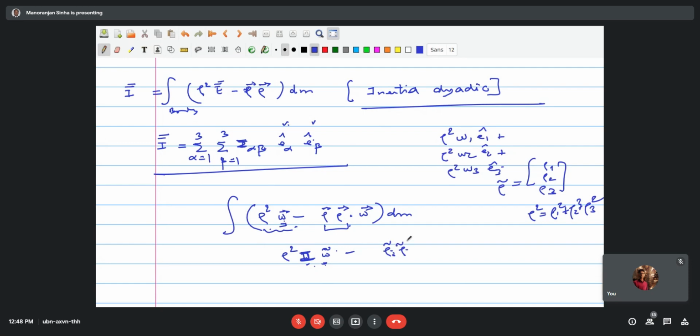So this can be written as rho tilde times rho tilde and omega tilde. So if we take the omega tilde outside, because it is not dependent on the integration, therefore this becomes a unit matrix here, and then rho tilde times rho tilde transpose, dm integration.